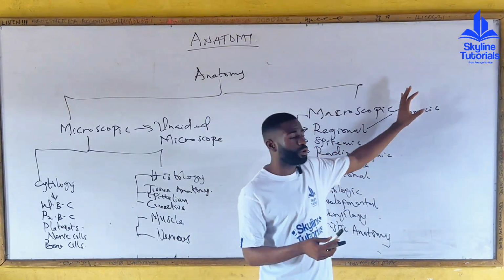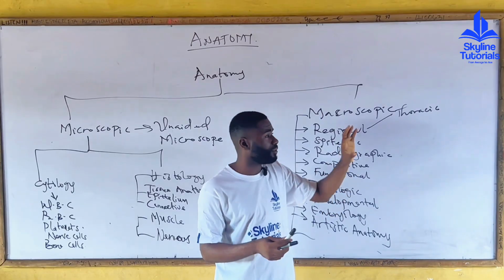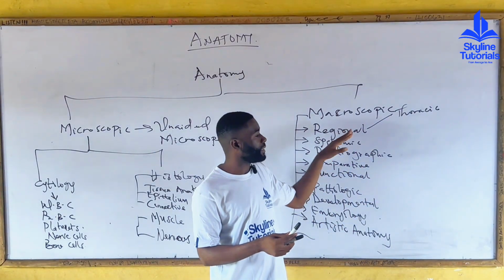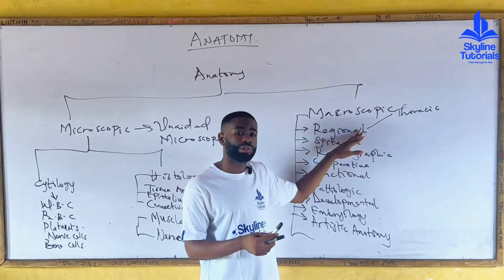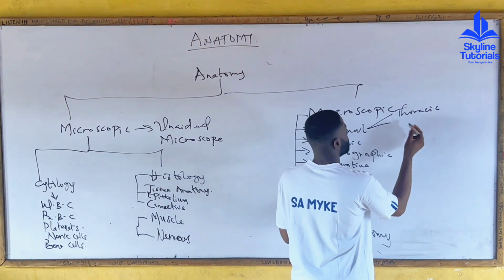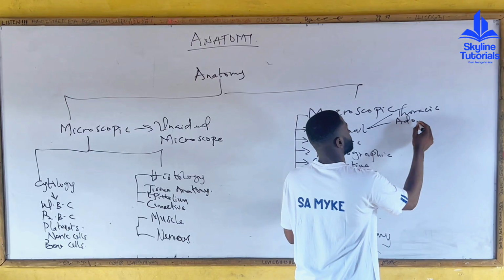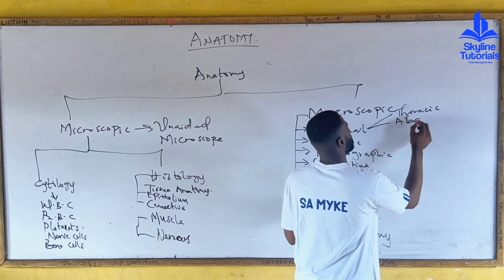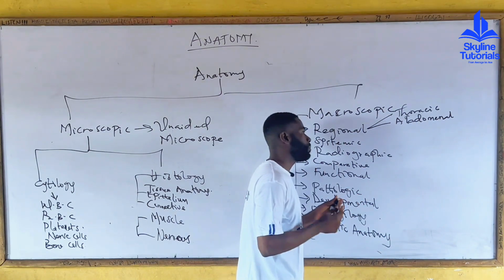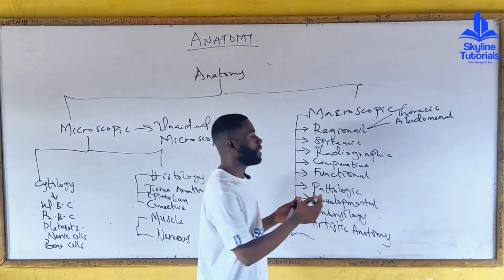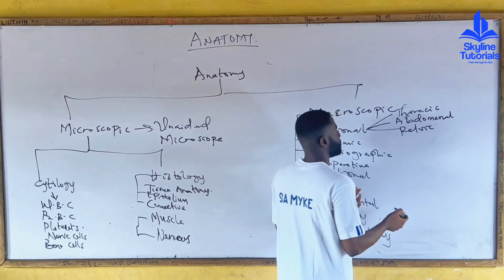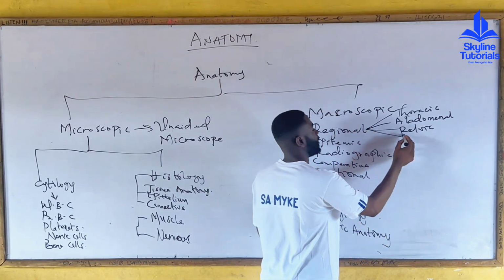So when I look at that region and study it individually, it constitutes what we call regional anatomy. Another example could be the study of the abdomen or abdominopelvic region. We also have the pelvic region. We also have the head and neck.